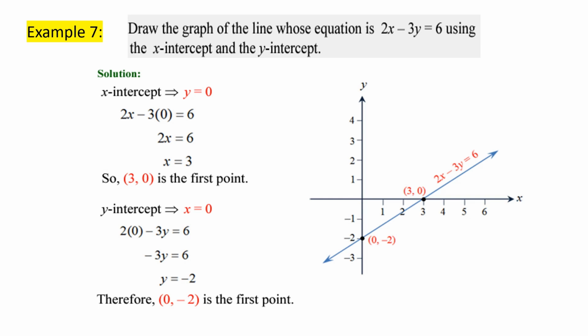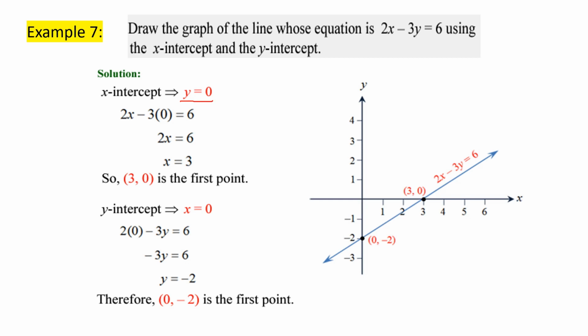Draw the graph of the line whose equation is given, 2x minus 3y equals 6, using the concept of x-intercept and y-intercept. Just now we discussed that x-intercept means y equals 0, because when the line passes through the x-axis, the value of y is 0.